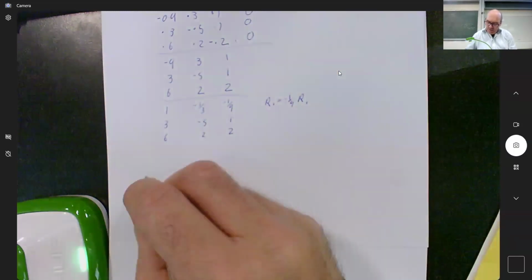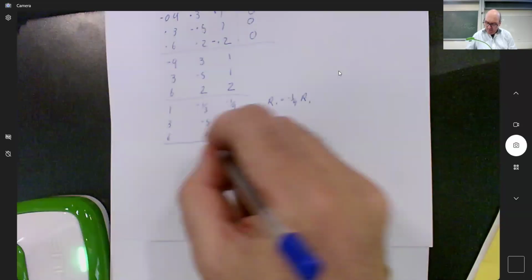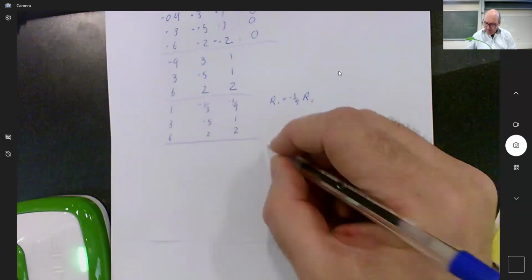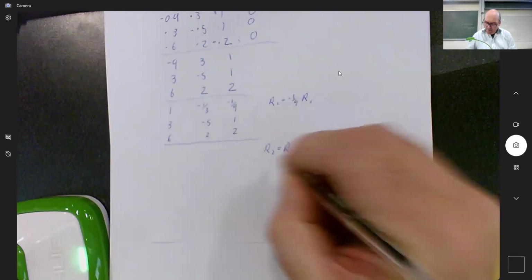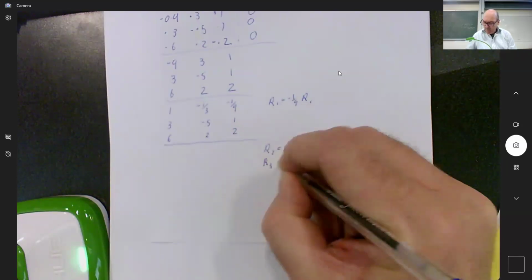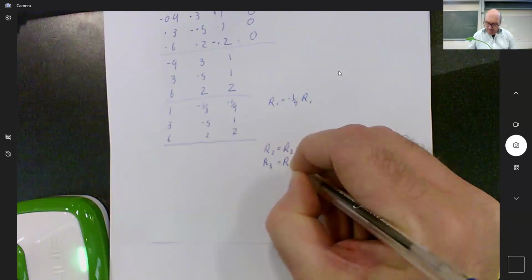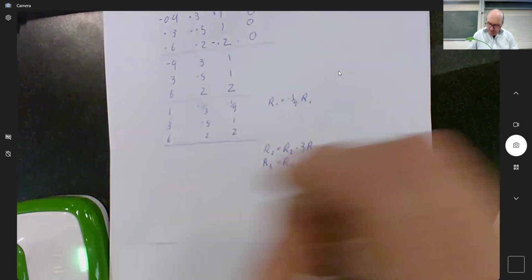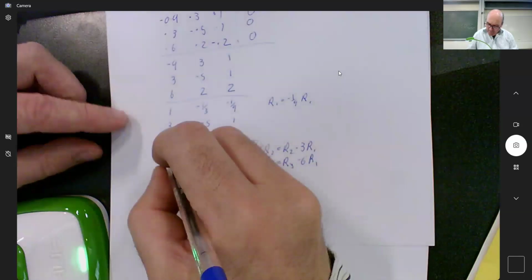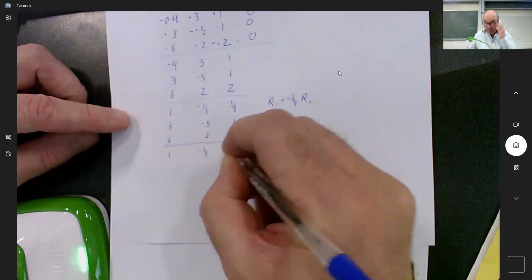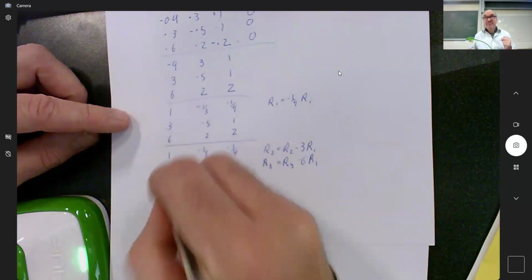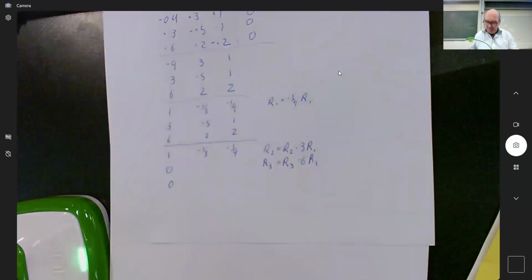That'll be unpleasant. Then row 2 is equal to row 2 take 3 row 1, and row 3 is equal to row 3 take 6 row 1. What I'm doing is making it so that that's 0 and that's 0. Fingers crossed this works out.